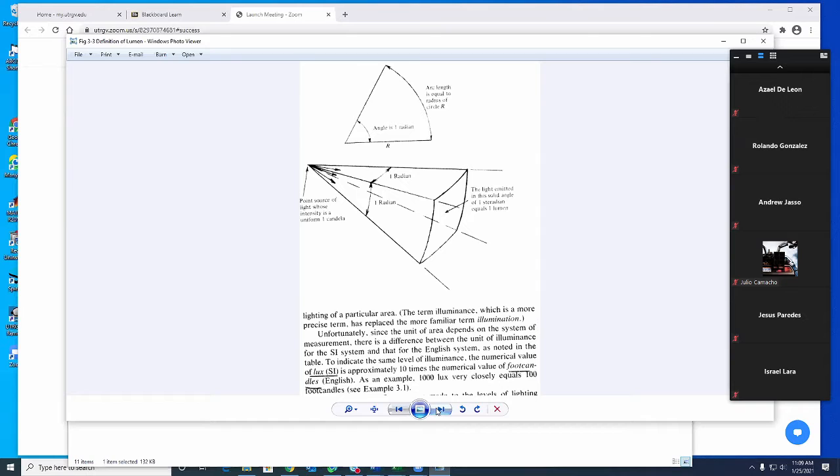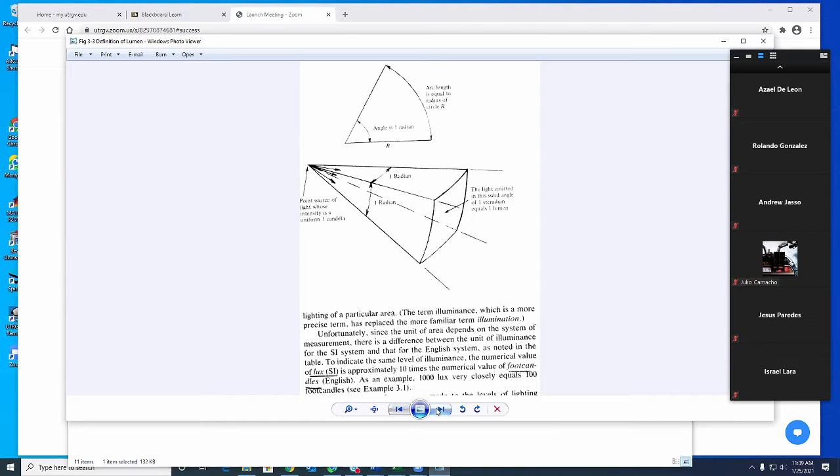Now, here comes one of the fundamental definitions of illuminance. That is the lumen. So we see a point source on the left, and that point source has an intensity of 1 candela.